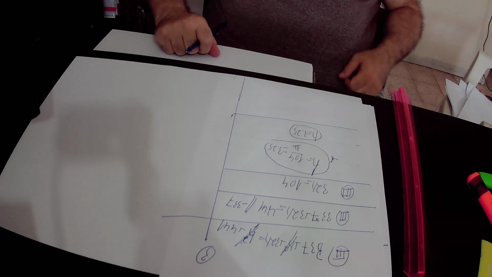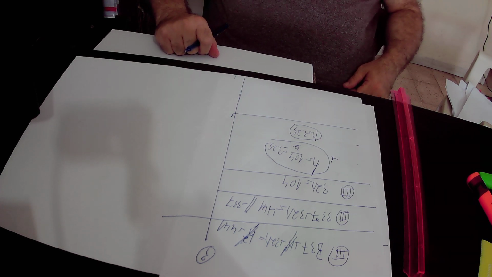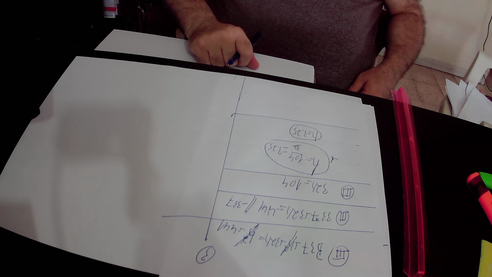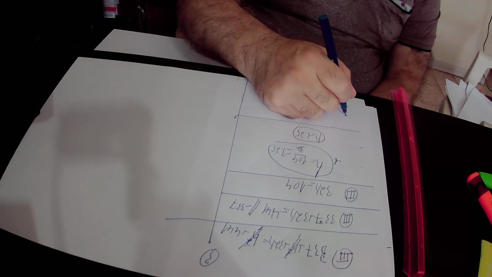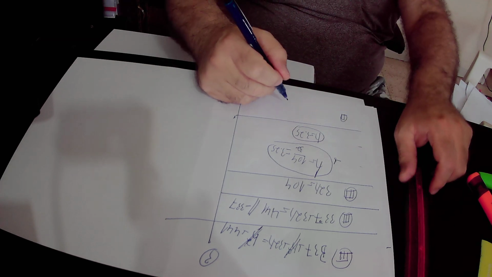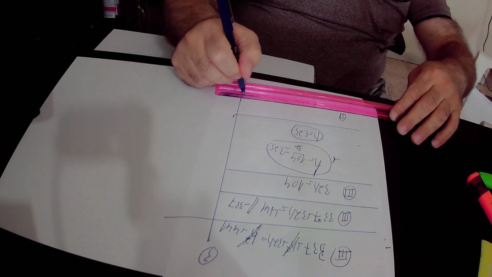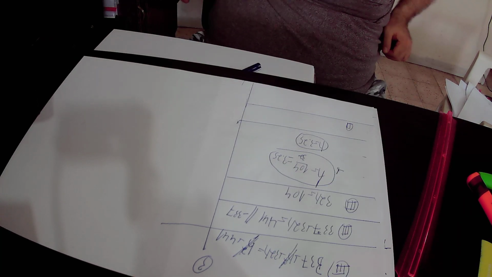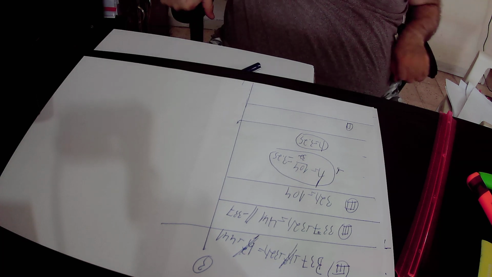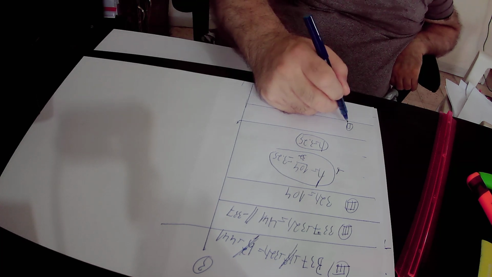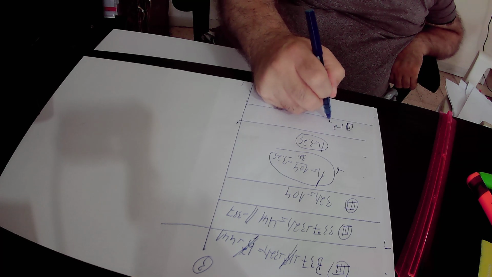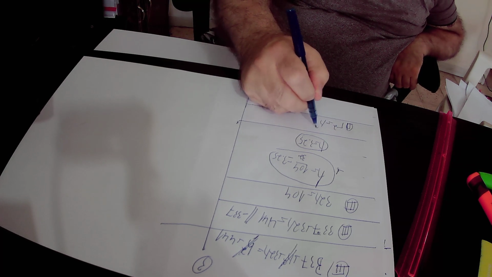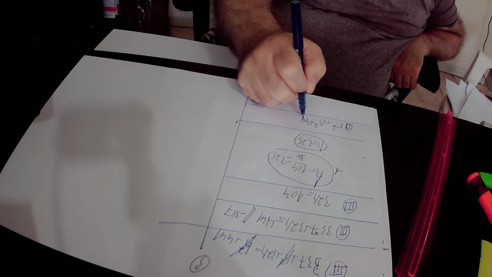In the next step, we substitute H in equation number 2 by 3.25. According to equation number 2, R squared equals H squared plus 441.